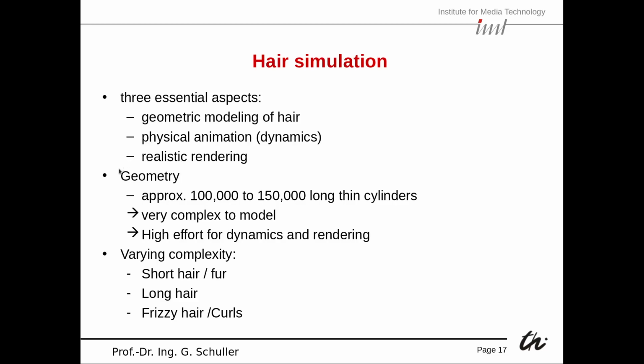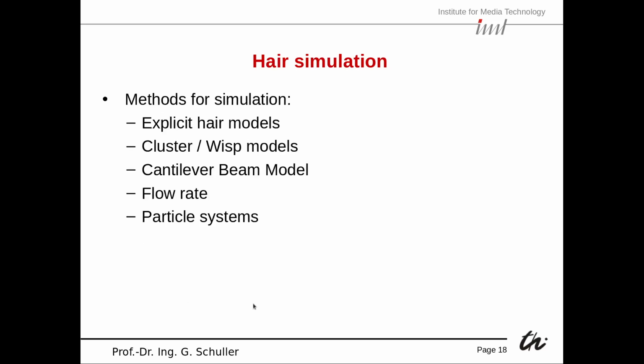So for the geometry, we take approximately 100,000 to 150,000 long, thin cylinders, which leads to a very complex model of hair. So that means we have a high computational complexity for the dynamics and the rendering. And we have a varying complexity for short hair or fur or long hair or frizzy hair or curls. Right.